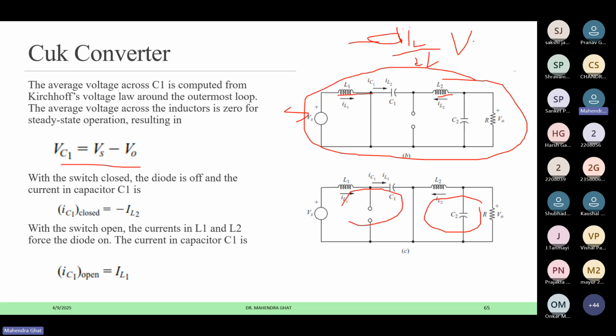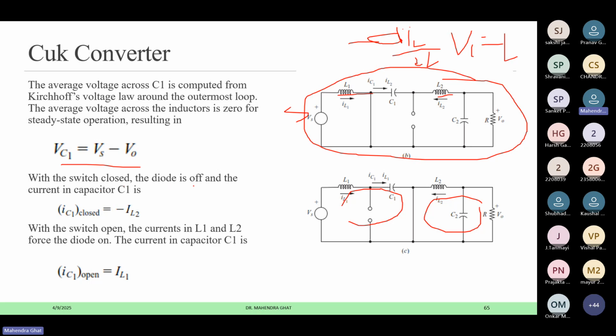So VL, which is equal to L dIL by dt, is equal to 0. So these are short circuited. So we can say VC1 is equal to Vs minus VO. Why we are doing that, we will come to in the next few points.